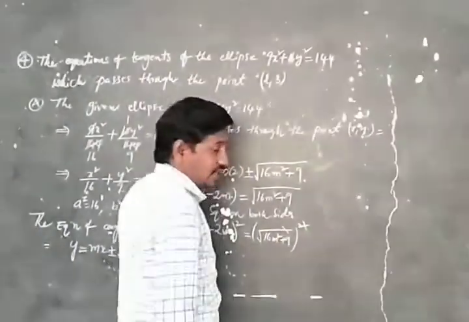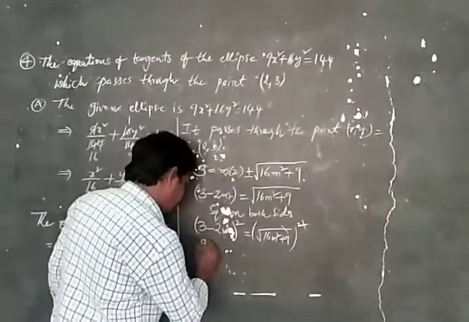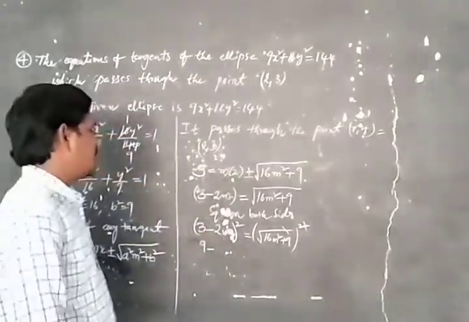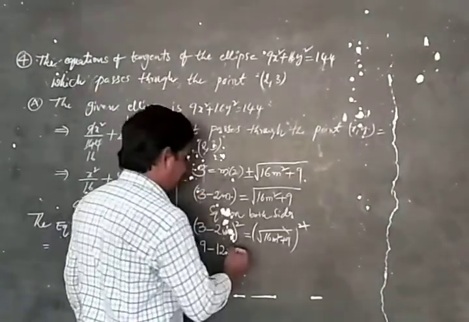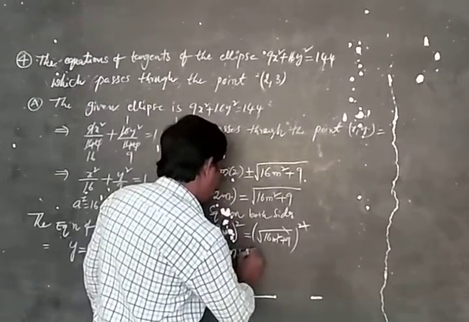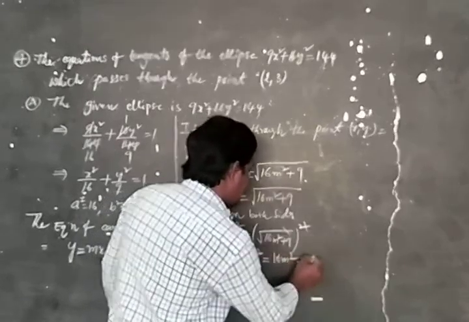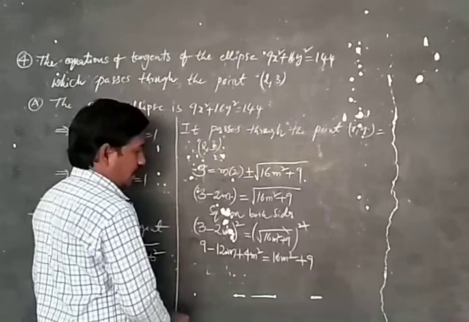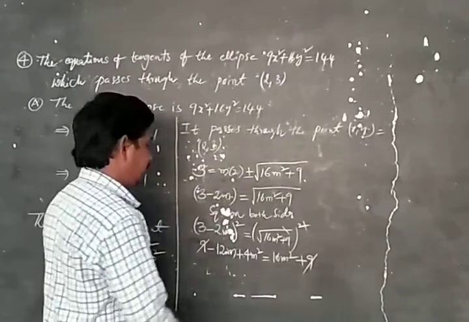The square root and square are cancelled. The left side expands to 9 minus 12m plus 4m square, equal to 16m square plus 9. The 9 on both sides are cancelled.